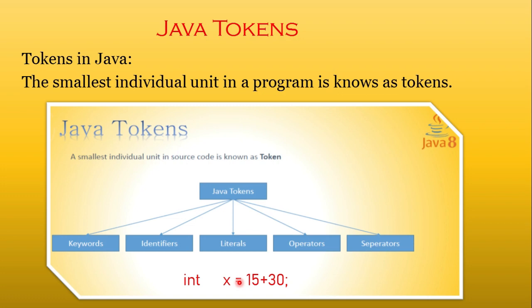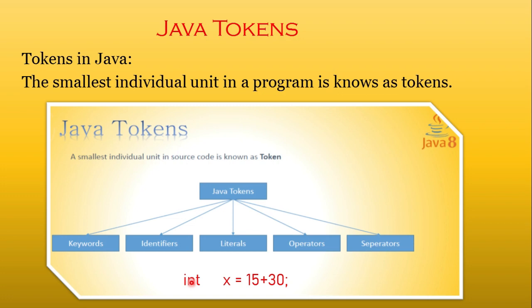Now, equal to, it's an operator. 15, literal, plus operator, and 30, it is again a literal, and this semicolon is a separator. See, in one statement itself, everything I have mentioned over here came. So every individual unit of a program is known as a Java token. I think it's clear for you now.